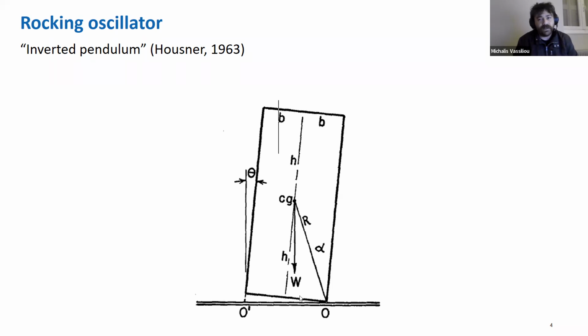There must be some forces here as well. But if you assume a stress distribution here and do not assume all the impact forces concentrated here, the only difference is the value of the coefficient of restitution, the energy that you lose.